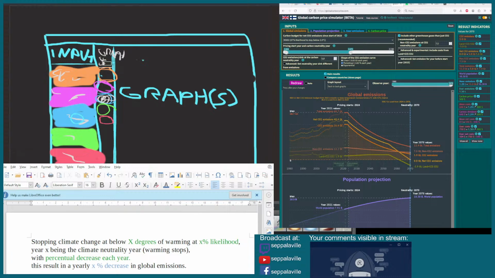This would be between the inputs that are organized by the graph and the actual graph section. So between those would be quite a natural place for this graph selection, so you select what graph you want to see.